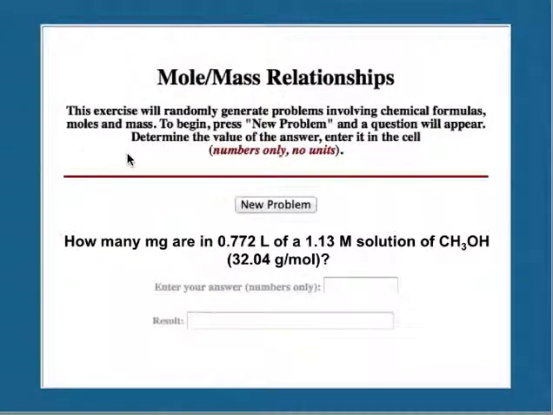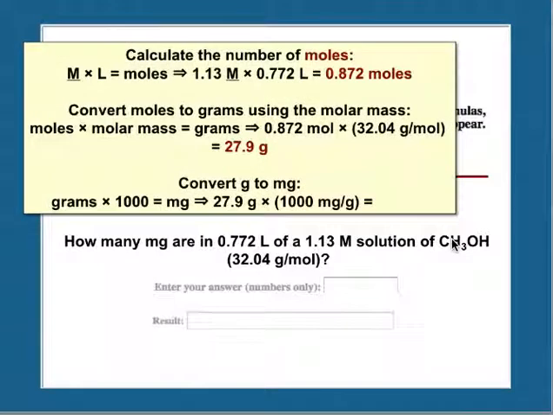The next tutorial does the same sort of problem, except it's a word problem. There's also involved a little bit of a metric conversion. Here we want to know how many milligrams in 0.772 liters of a 1.13 molar solution of methanol. First of all, we have to calculate the number of moles.